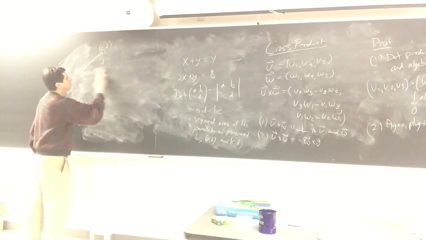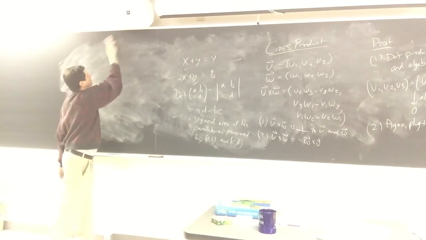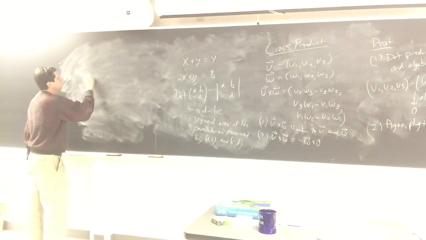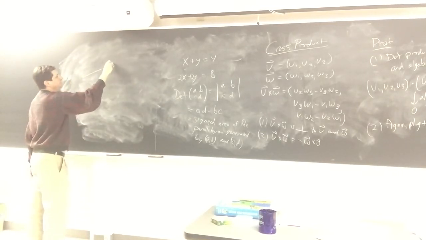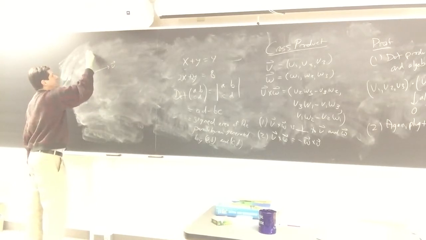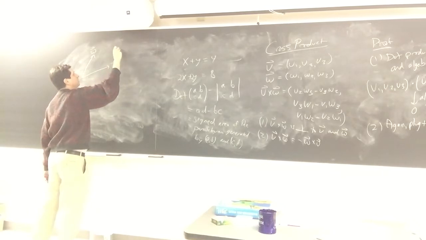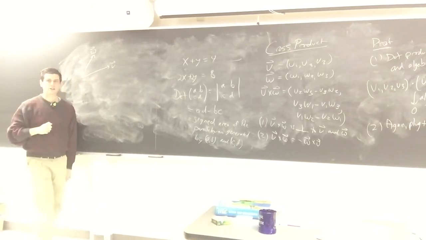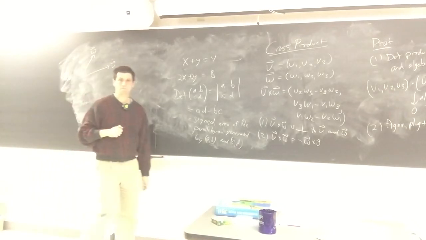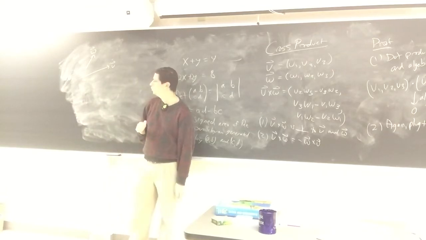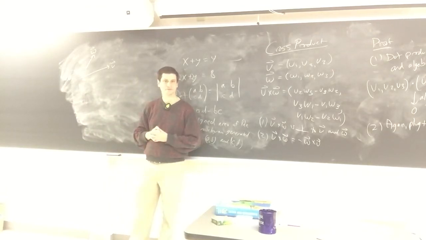All right. So let's say I have a vector v and I have a vector w. And I want to calculate the area of the parallelogram. What do you think I should take for my base?